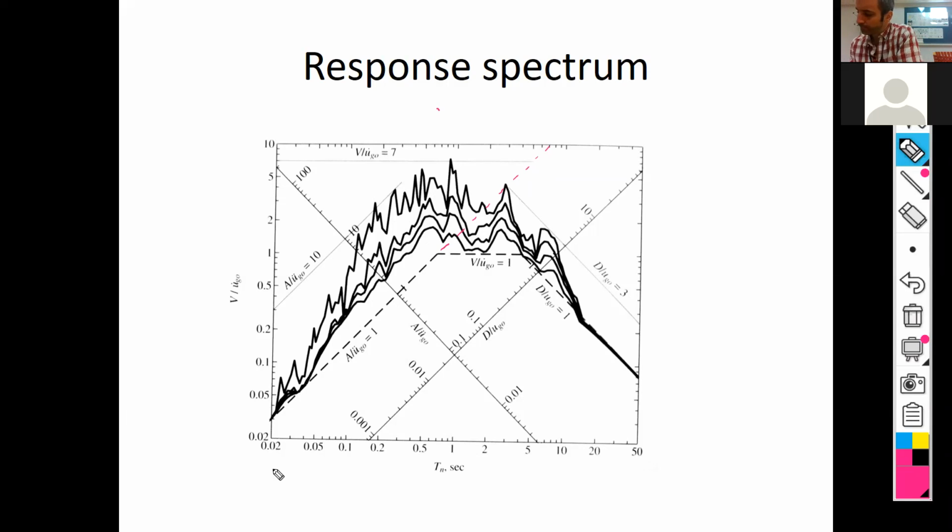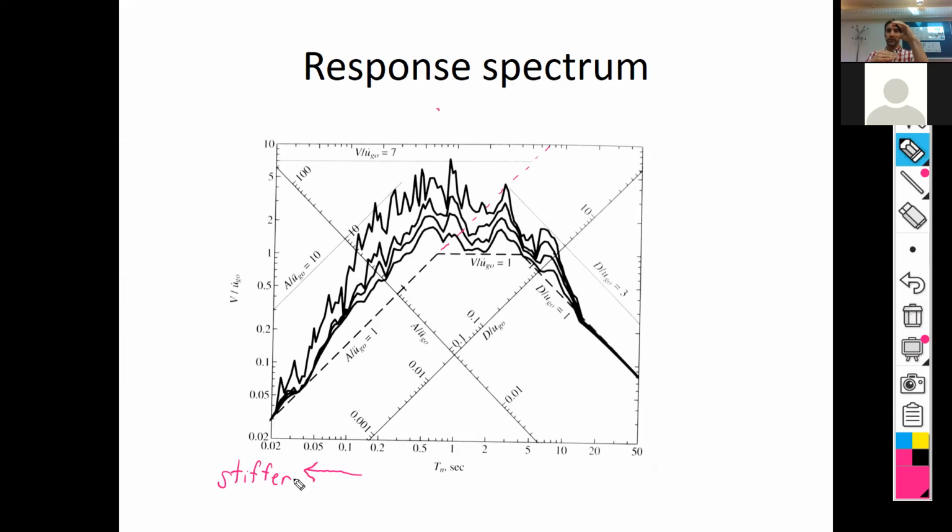But we can see that as the period gets smaller and smaller, so we're going in this direction, the structure is getting stiffer and stiffer, right? And we observed before that for a very stiff structure, the acceleration of the structure is going to be very close to the actual acceleration of the ground, because the structure will move as a solid object.